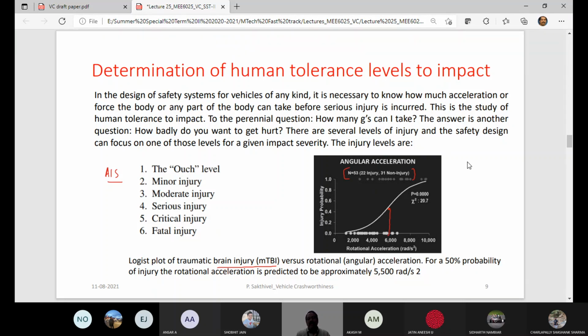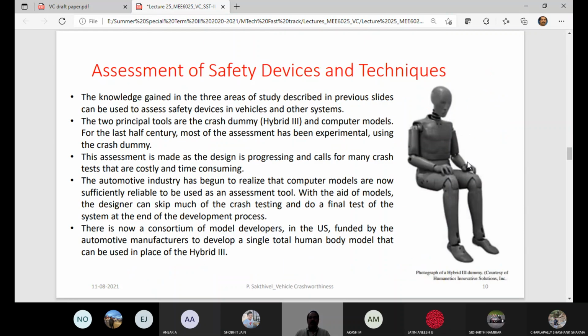So with this knowledge of the mechanism, identifying and evaluating the mechanism, and then finding out the mechanical response in various mechanisms, and with full awareness of the human tolerance level, one can easily venture into making an assessment of safety devices and techniques.